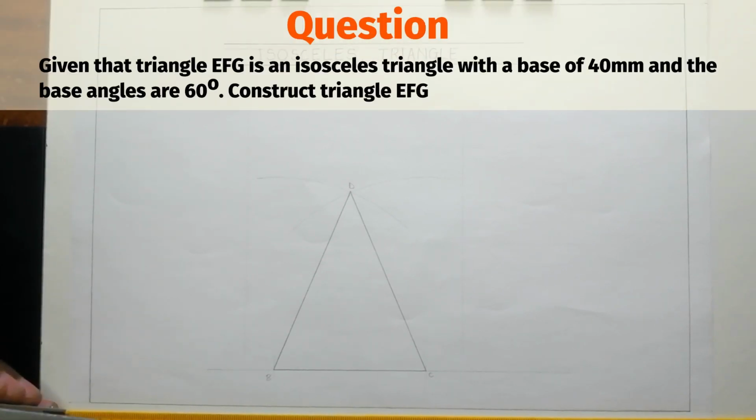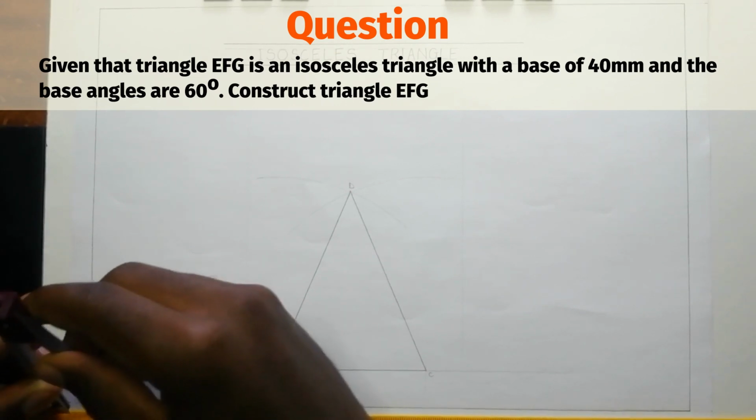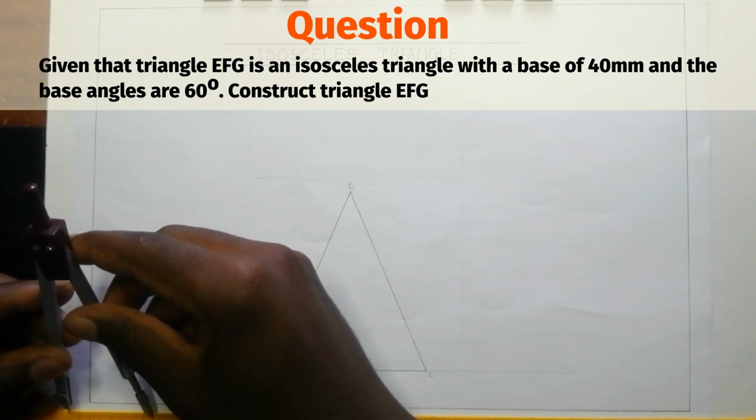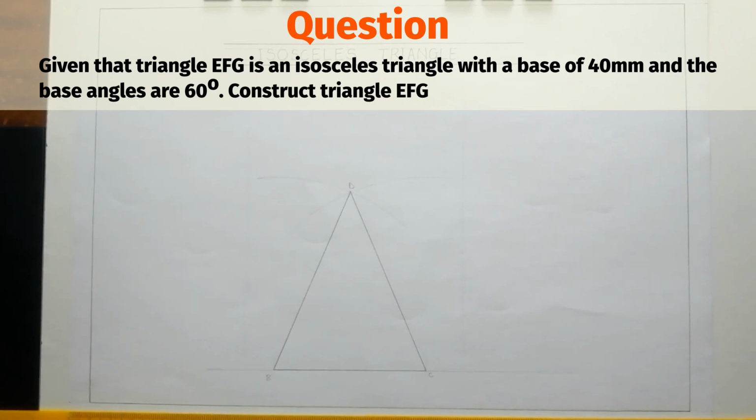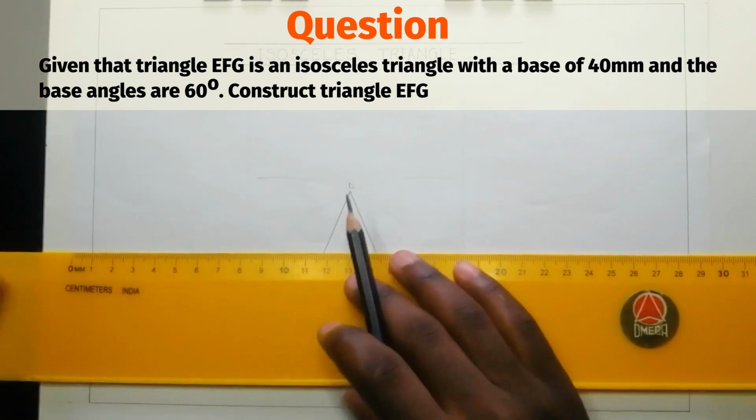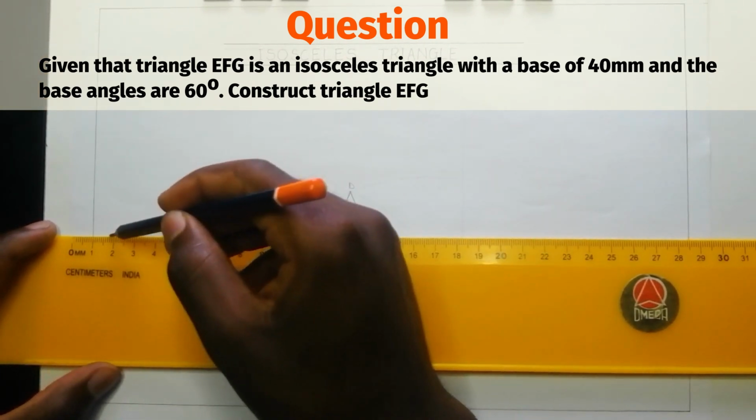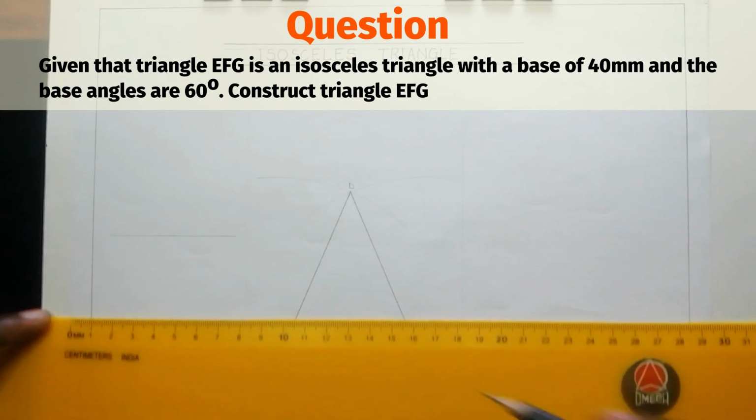Let's construct an isosceles triangle with a base of length 40 millimeters and base angles equal to 60 degrees. So as you can see, I've picked my distance there, and I can draw my construction line there.